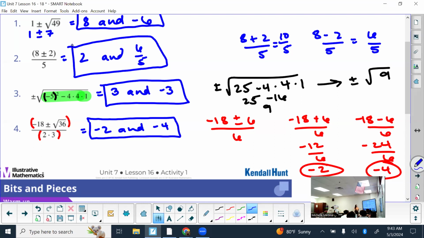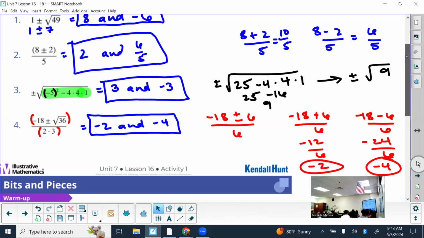All right, any questions on the warm-up? All of this can be done in your calculator, except at the plus or minus, you might have to break it up into the 2 separate problems and solve them separately. But most of the time, there are 2 solutions for a quadratic, so you should expect that more often.